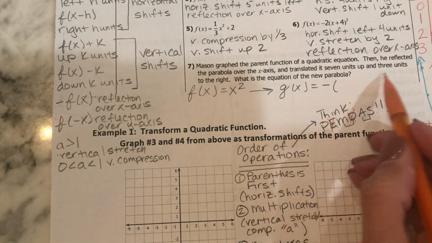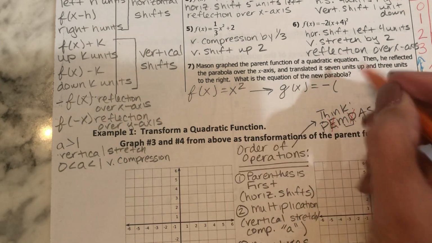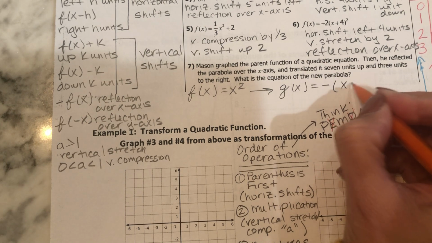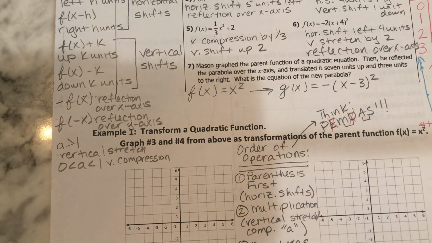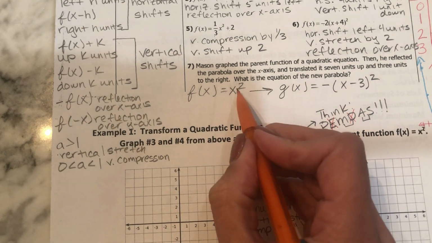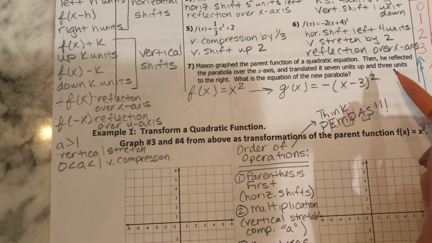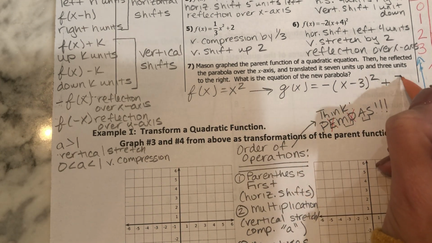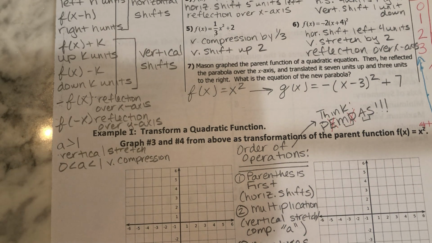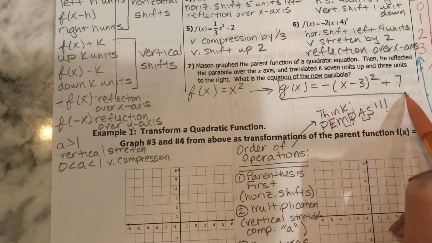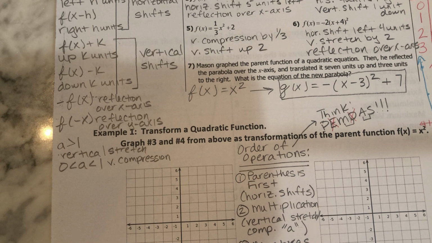And then 3 units to the right makes it (x minus 3) squared because it's a quadratic there. And then up 7, we'll put there at the end. And then that would be the answer.